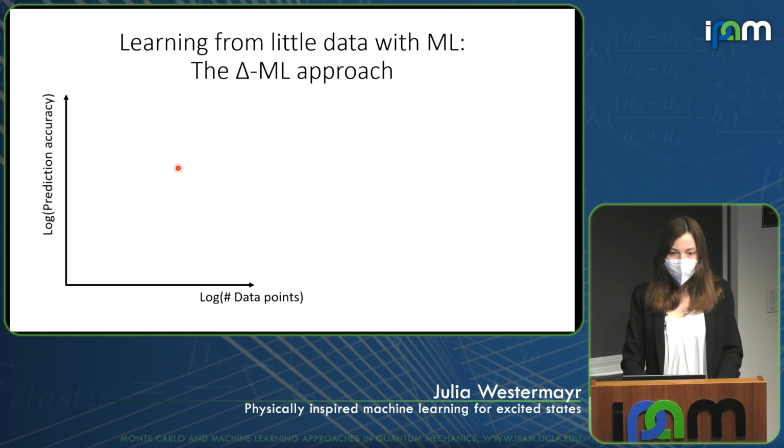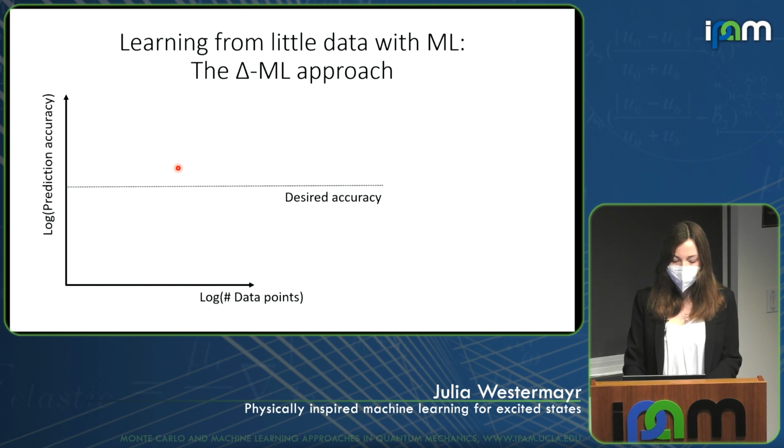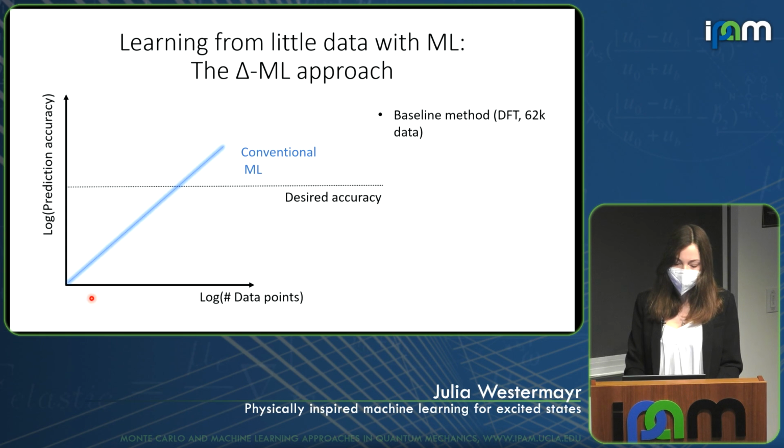And what we used in order to get there is the delta machine learning approach. So for those who are not familiar with this, in machine learning we always look at learning curves. And we know that if we plot the number of data points against the prediction accuracy on a logarithmic scale, then it should be linear.